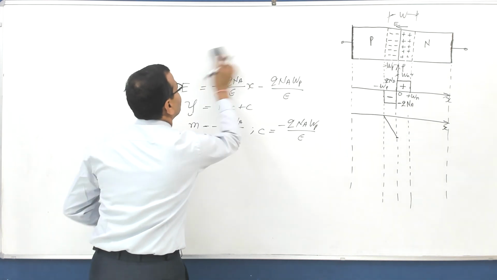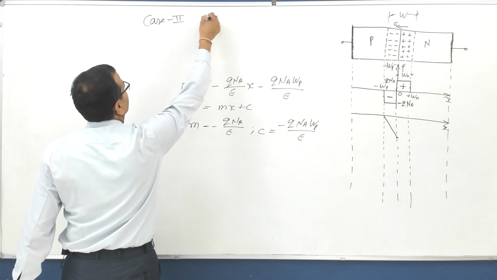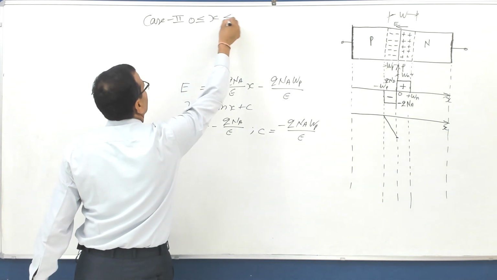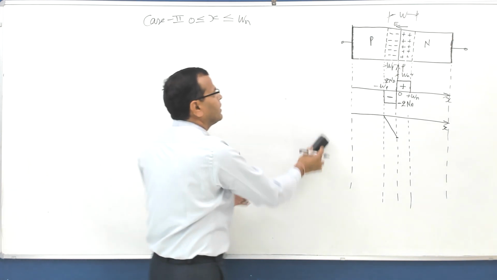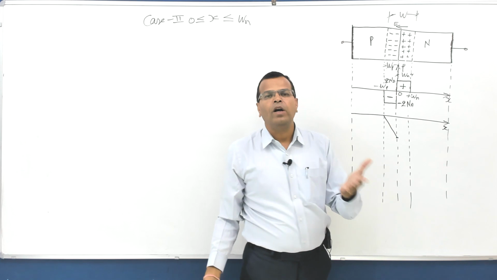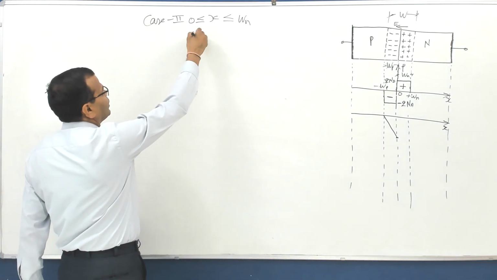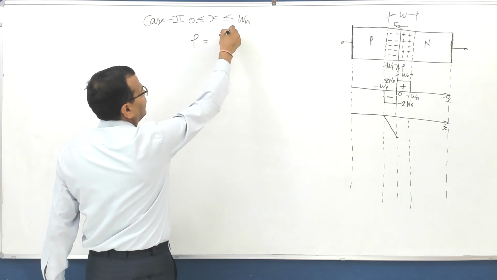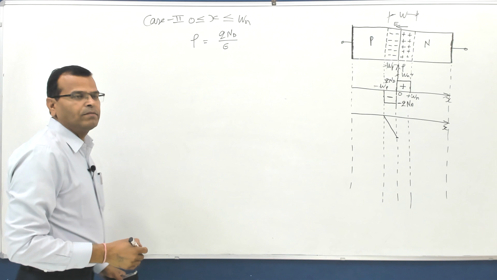Fine. Now let us see case 2. Case 2 is x greater than or equal to 0, and less than or equal to Wn. So I am considering that range of x, and we'll see the variation in electric field. And you know, for this range, what is rho? That is Q N D by epsilon.